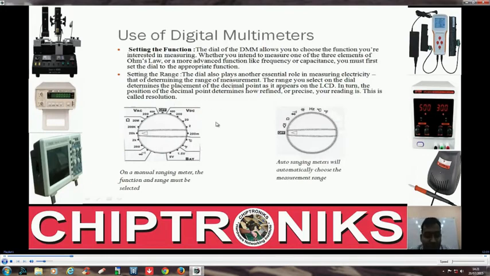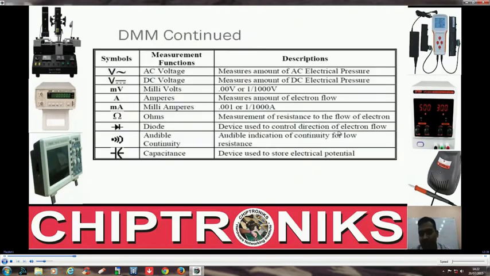This is not an auto ranging multimeter, because you see values are written 200, 2K, 20K, 200K, 20M, whereas this is an auto ranging multimeter. Here you don't find those ranges. This multimeter will automatically adjust to give the right values. So the next step of setting the range is not at all required in an auto ranging multimeter. Thereby I suggest you to use an auto ranging multimeter.